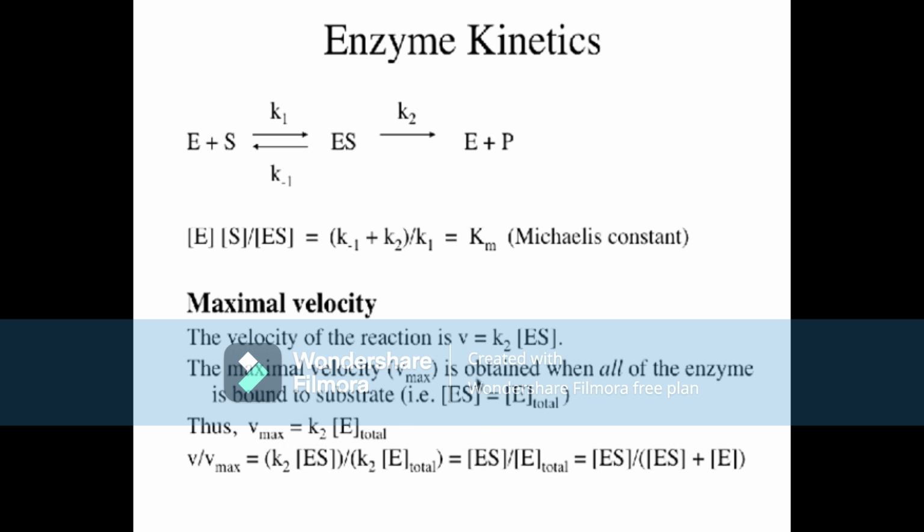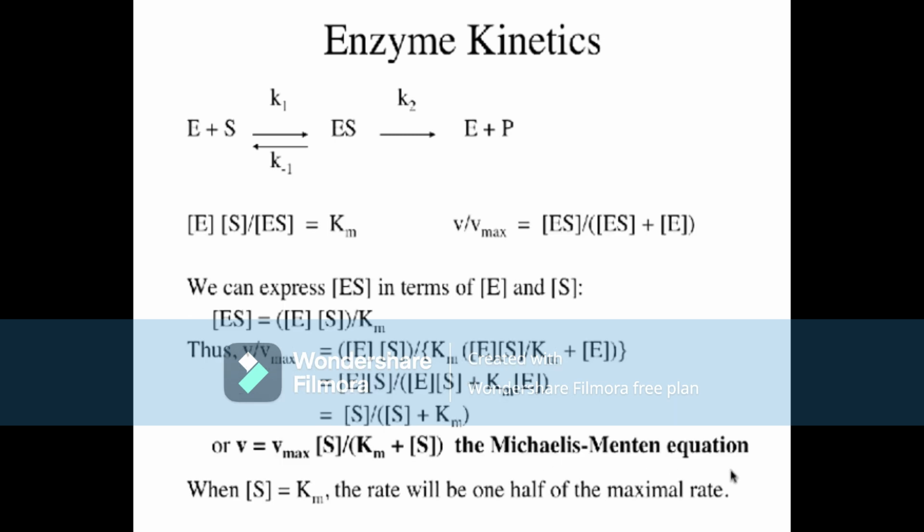And E total is just the two forms of the enzyme added together, enzyme substrate complex plus free enzyme, okay? So V is K2 times ES, and Vmax is K2 times enzyme total, okay? So we can substitute all these things in. The K2s cancel out, and it's just enzyme substrate complex over enzyme substrate complex plus free enzyme.